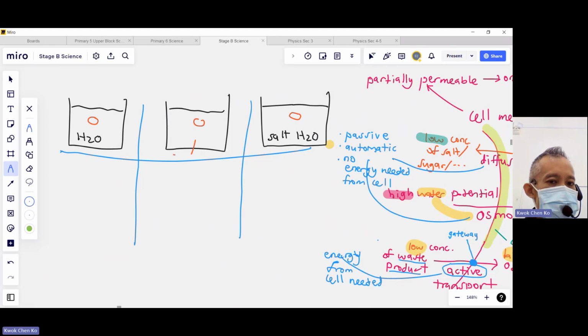This one has some salt and sugar inside, but let's just stick to salt. But importantly, the salt concentration is the same as within the cell.